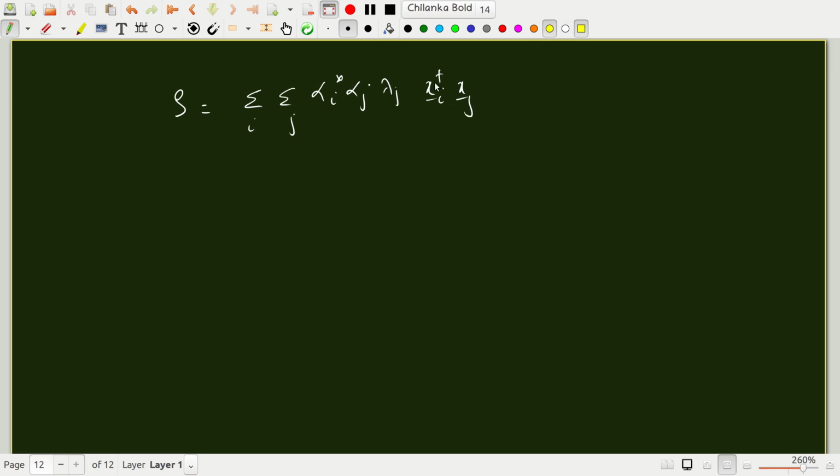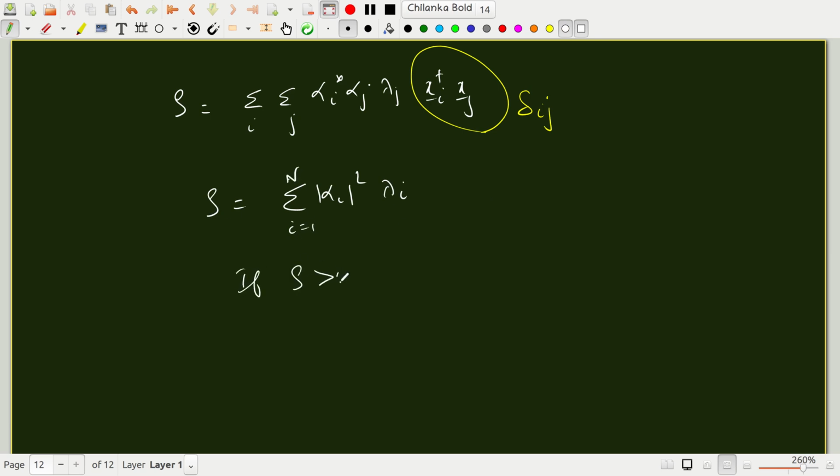Now xi dagger xj is nothing but delta ij, because it is a Hermitian matrix, so it has orthogonal eigenvectors. This kills one of the sums, so rho becomes the sum of alpha i squared lambda i. If rho is greater than 0 for a positive definite matrix, all the lambda i's must be greater than 0. So a positive definite matrix is a subclass of Hermitian or self-adjoint matrices with all eigenvalues positive. This is one of the most special types of matrices.